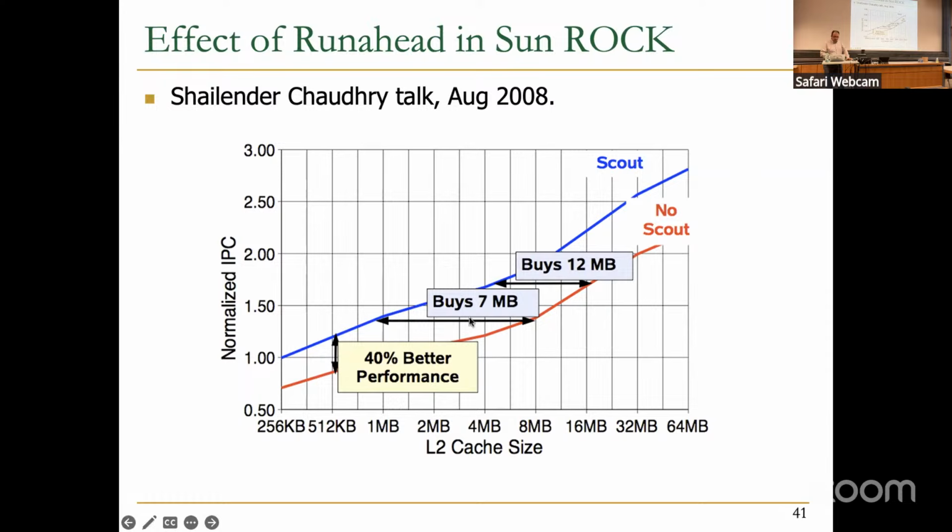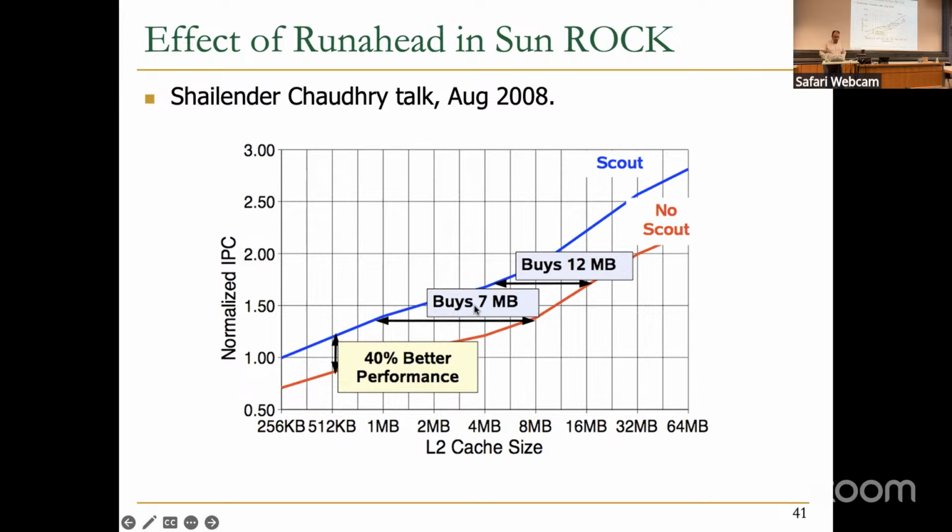And they show that if you don't do that, you're going to be on the red curve. In this plot, you show the normalized IPC, and on the x-axis you have the L2 cache size. By doing scouting, you can provide higher IPC, like higher performance, using similar cache sizes. Or you can also think about using this technique for reducing the cache size. So you can get similar performance by scouting and using much lower cache sizes.